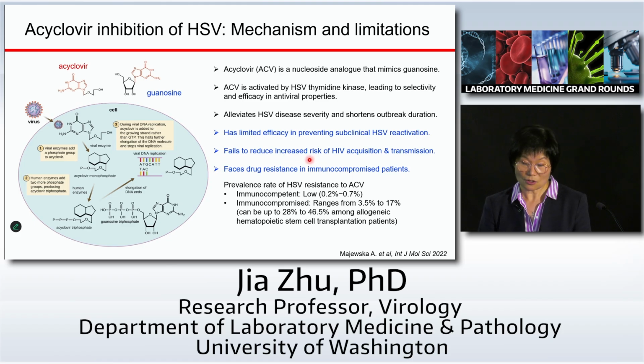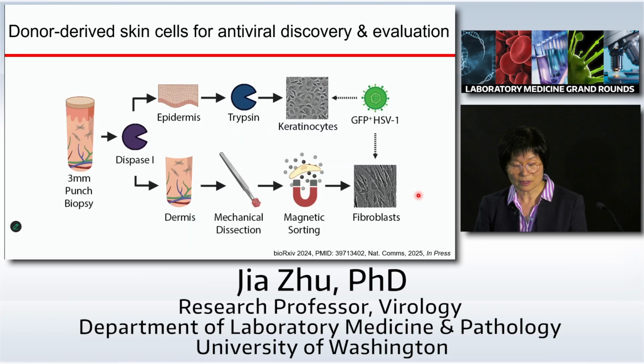As I mentioned before, they fail to reduce the risk of HIV acquisition and transmission. And they face drug resistance in immune-compromised patients, particularly those undergoing allogeneic hematopoietic stem cell transplantation. So we need new antivirals.